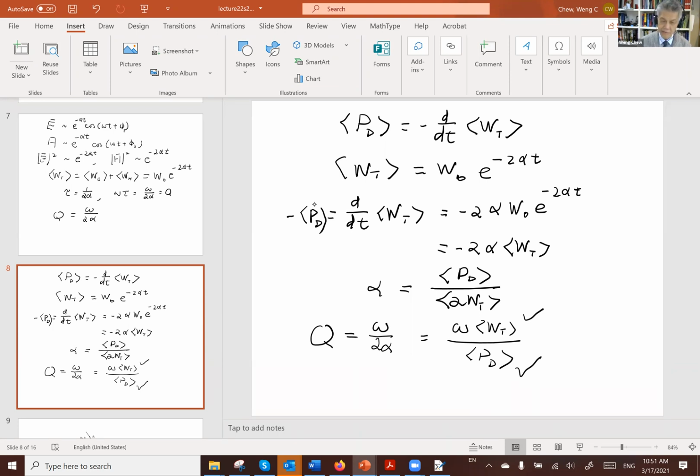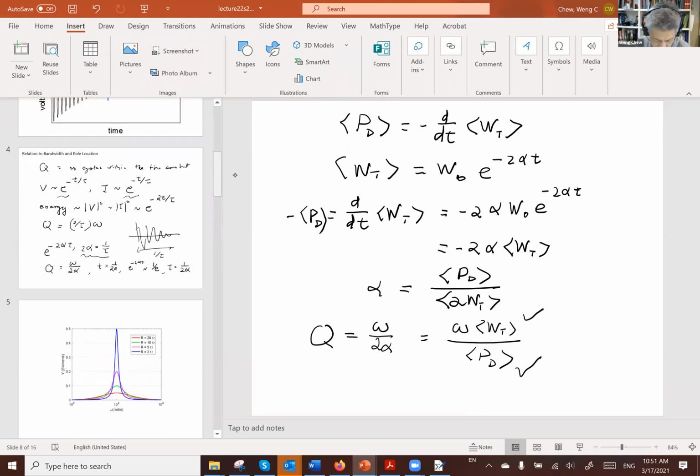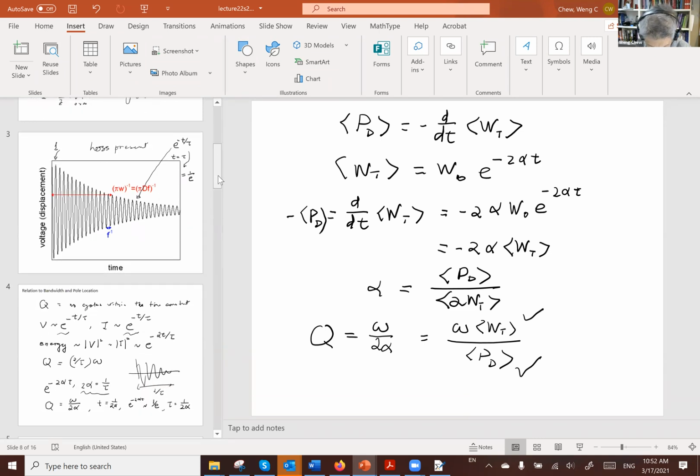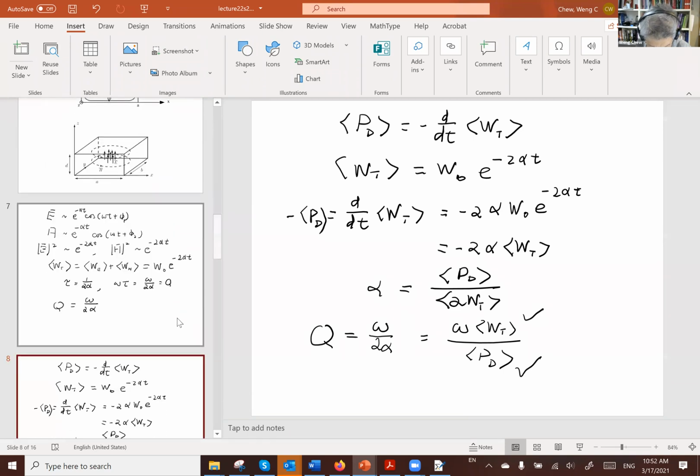And it also says that the higher the frequency, the higher the Q. It is a measure of how many cycles you can have before the energy decays to 1 over e of its original value. So if the cavity is oscillating very quickly, you have many cycles before it decays to the 1 over e value. So the higher the frequency, the higher the Q value too.